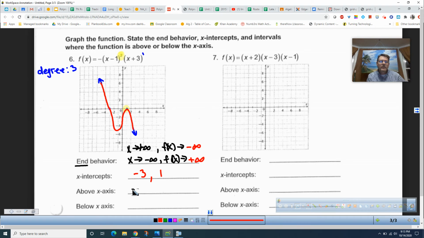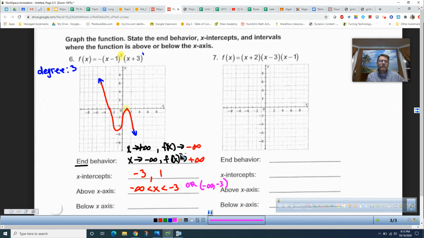So we're going to say that is negative infinity less than x less than -3. Or what's another way we could write that? Negative infinity, comma, -3. That's interval notation, so we could write it either way. Are there any other sections above the axis?